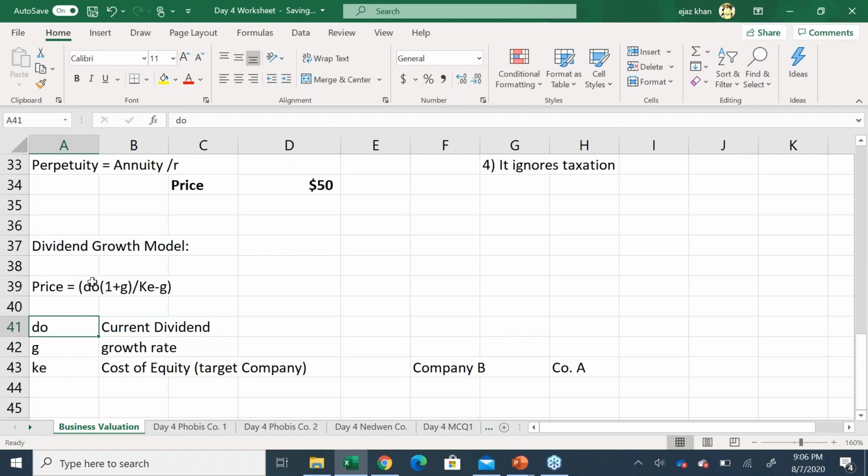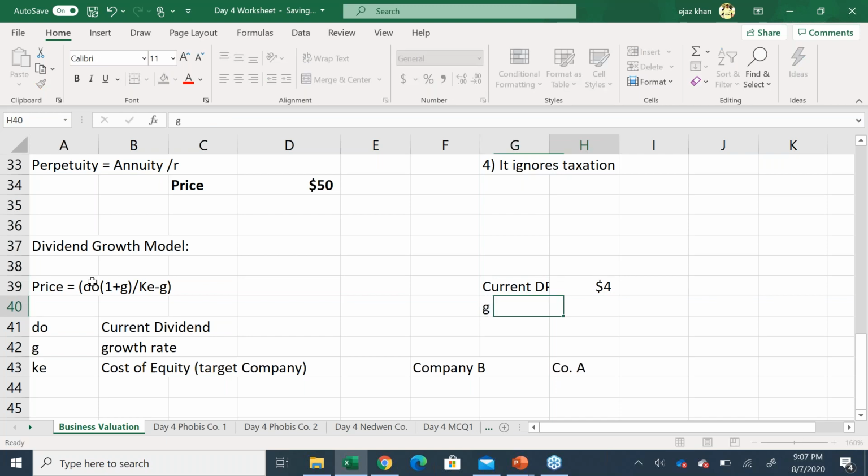Let me give you an example with figures. Let's say we have a current dividend, that is a dividend just paid. Current dividend is, let's say, $4, and we expect that the dividend will grow at a 5% rate. So in the numerator, we should not use $4.